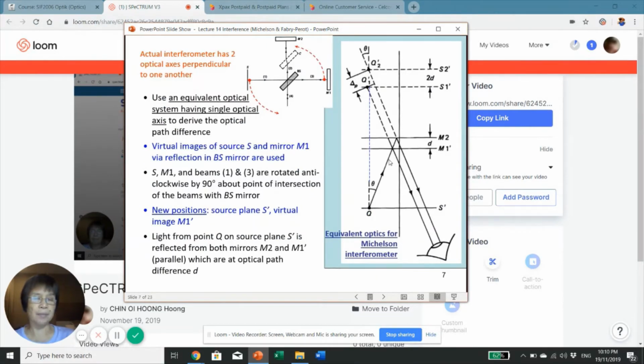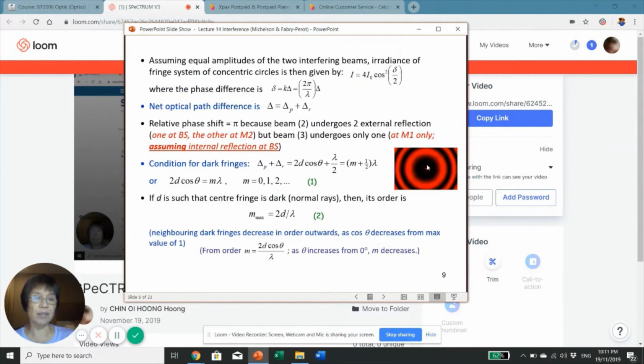When theta increases, that means you're viewing further and further away, or rather the reflected beam becomes further away. So you're actually viewing those fringes that are further away from the center. Then you find that the order would decrease according to this expression here.